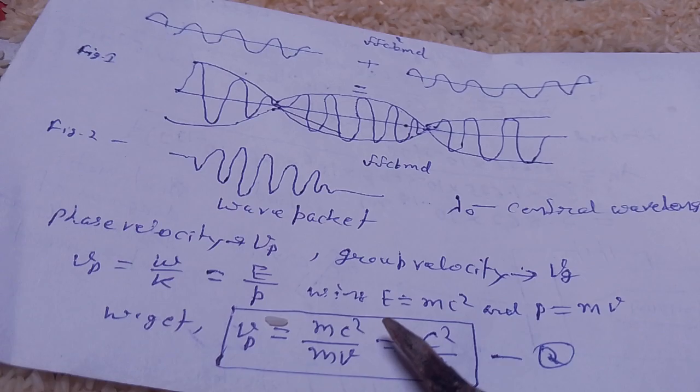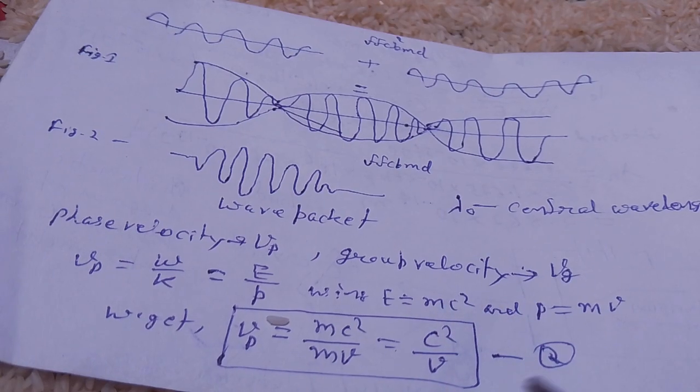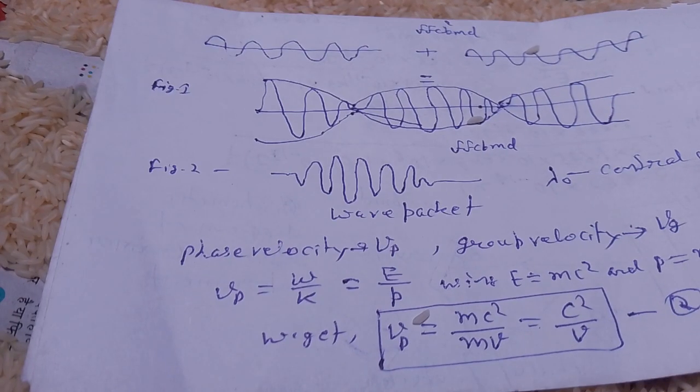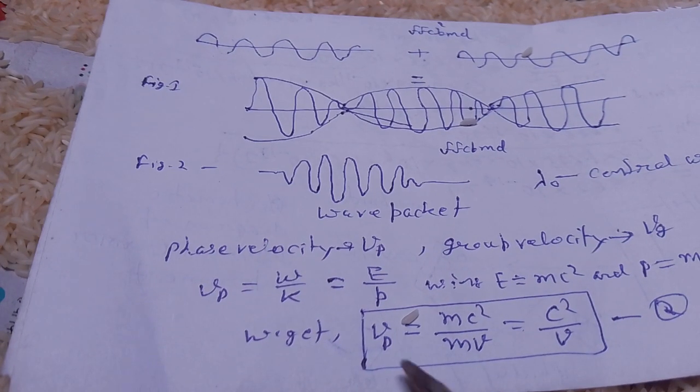Now using E equals m c squared and p equals m v, in our equation we get v sub p equals m c squared by m v equals c squared by v. Here v is the particle velocity.